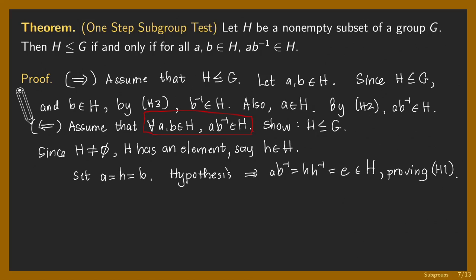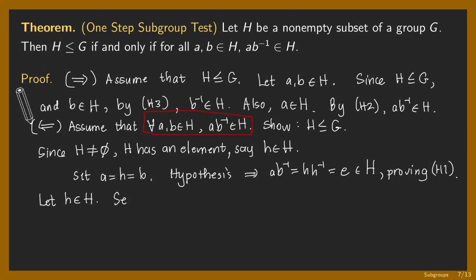Okay. So now, let me take an arbitrary element h in H, because I am now sure that H is not empty, right? I need to show that the inverse of h is another element of capital H. How do I do that?